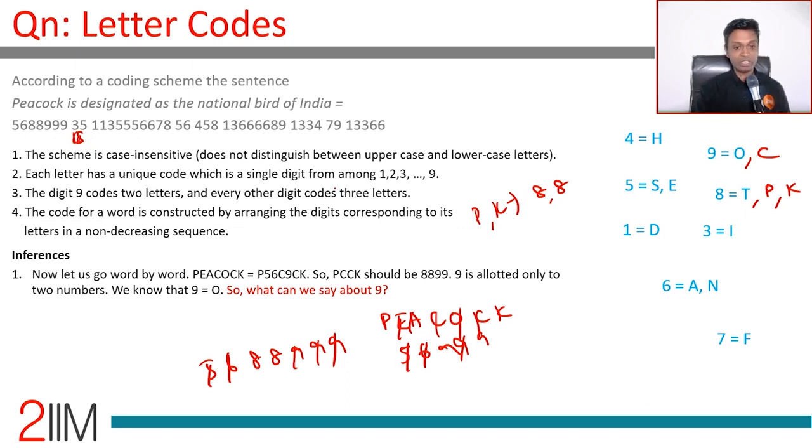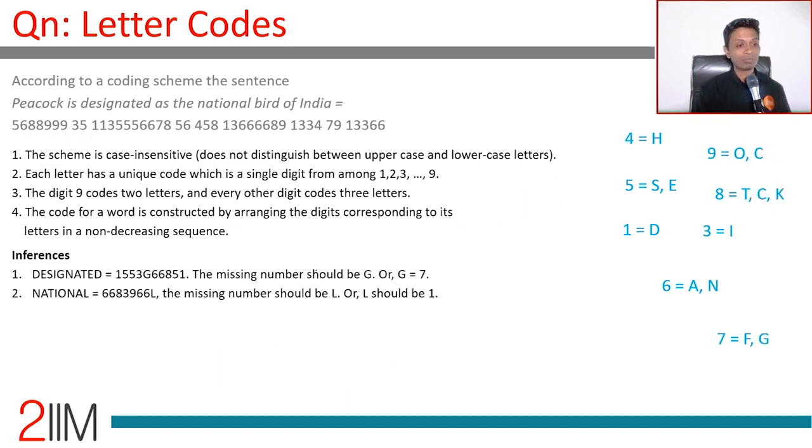Now let's think about designated, word by word. D-E-S-I-G-N-A-T-E-D. We know D is 1. E is 5. S is 5. I is 3. G we don't know. N is 6. A is 6. T is 8. E is 5.